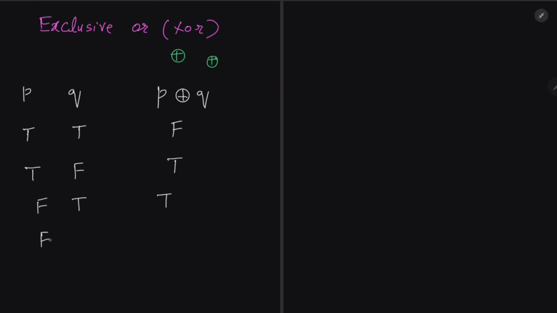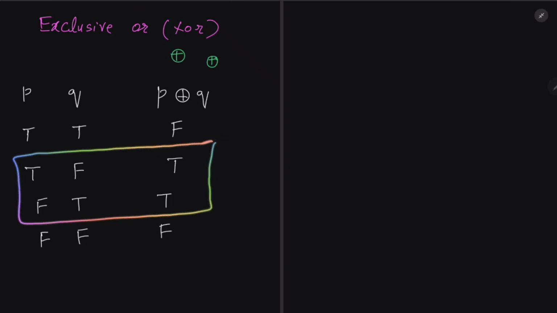If both propositions are false, then you get false. So it is very exclusive, as the name says, a logic gate where only one statement is true, then the final result is also true, otherwise it is false. So this was exclusive OR.